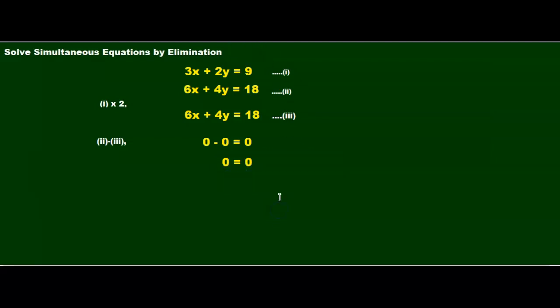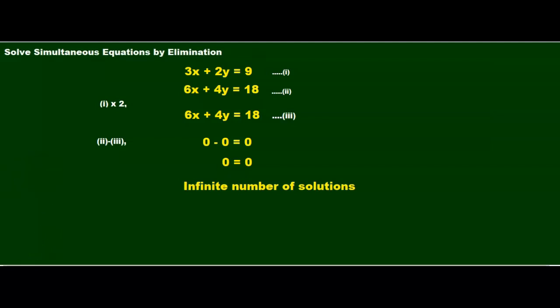What does that mean in mathematical terms? That means I have an infinite number of solutions. Basically, when you get an equation where something equals itself, 1 equals 1, 2 equals 2, 0 equals 0, x equals x, that means it's an infinite number of solutions.